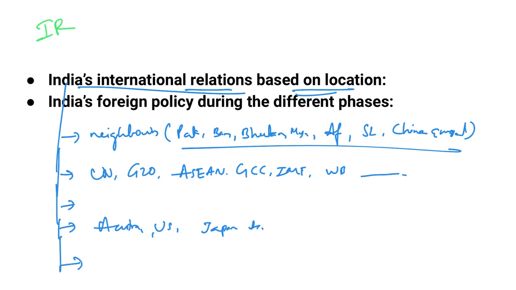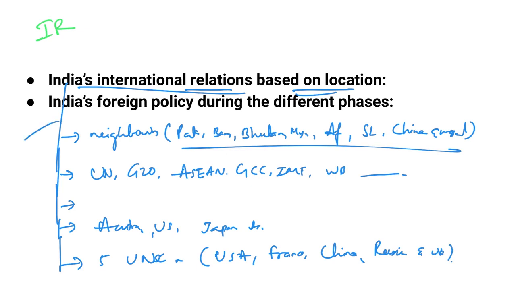Then India and the 5 UNSC members. The 5 UNSC members are USA, France, China, Russia and UK. These are the 5 things we should remember while preparing for international relations based on location.